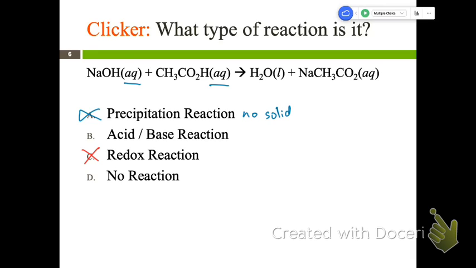So does anyone else want to add to the discussion that we had? Carmen? I personally picked acid-base. You said it was an acid-base reaction. Why? Because of the states. I chose it by the states. I don't know if that was right.